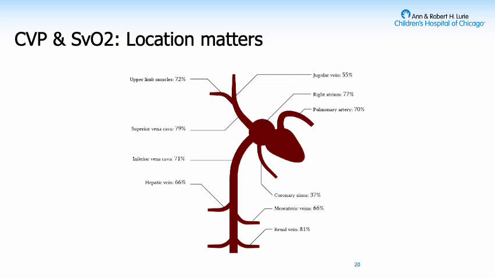And finally, for both central venous pressure and for mixed venous oxygen saturation, just a reminder that location matters. And so knowing where the catheter tip is that you're getting this sample from, you could see here that a lot of the lower veins, especially the renal veins, will have higher oxygen saturations because the renal parenchyma extract less oxygen as opposed to superior catheters where the jugular vein will have a lower oxygen saturation because the brain extracts more oxygen.